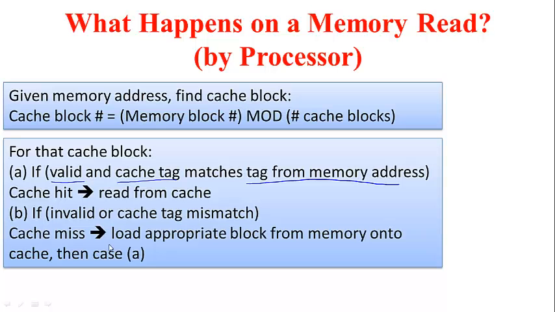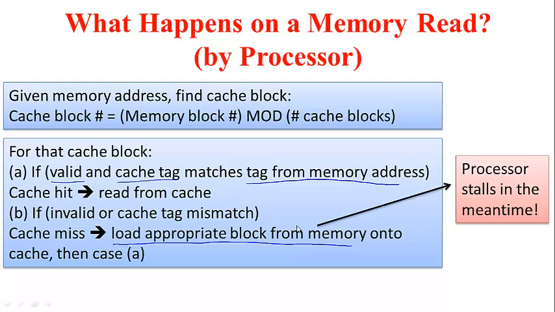During a cache miss, this process of loading the appropriate block from memory onto cache corresponds to the miss penalty, and during this time the processor will potentially stall. Since this miss penalty involves accessing main memory, which we know is much slower than the cache memory, this can involve several cycles or several tens of cycles of processor stall.